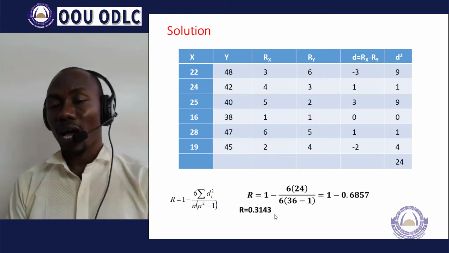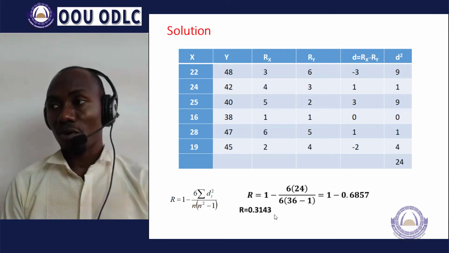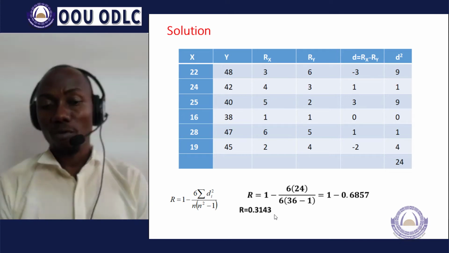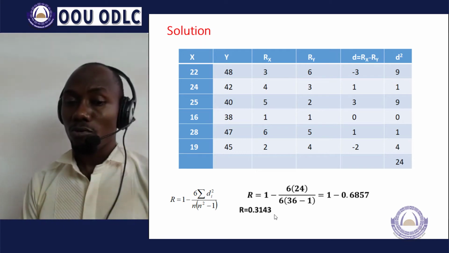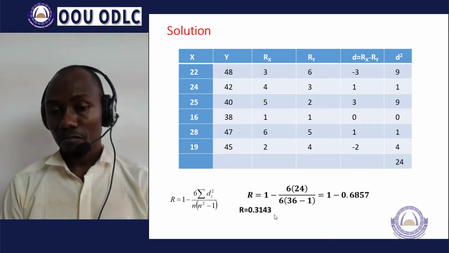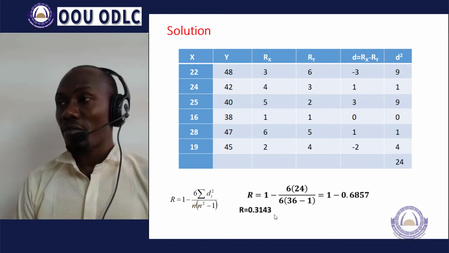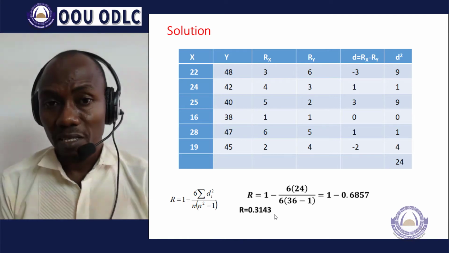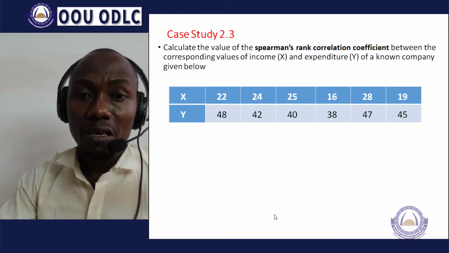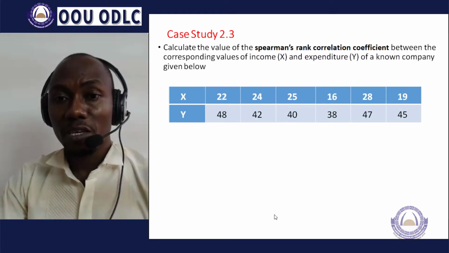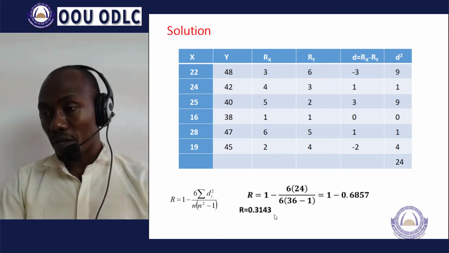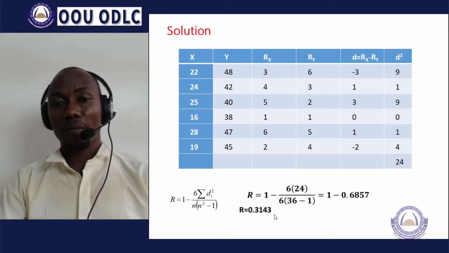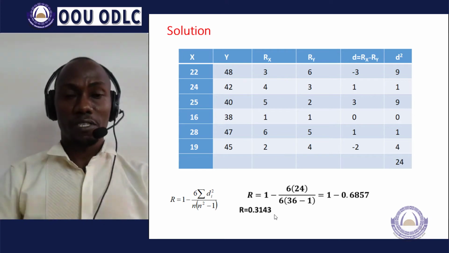Two things you observe about this value: one, it is positive; two, the value is close to 0. So here we have a positive and low correlation coefficient between the income and expenditure of the company. That is the interpretation attached to Spearman's rank correlation coefficient.